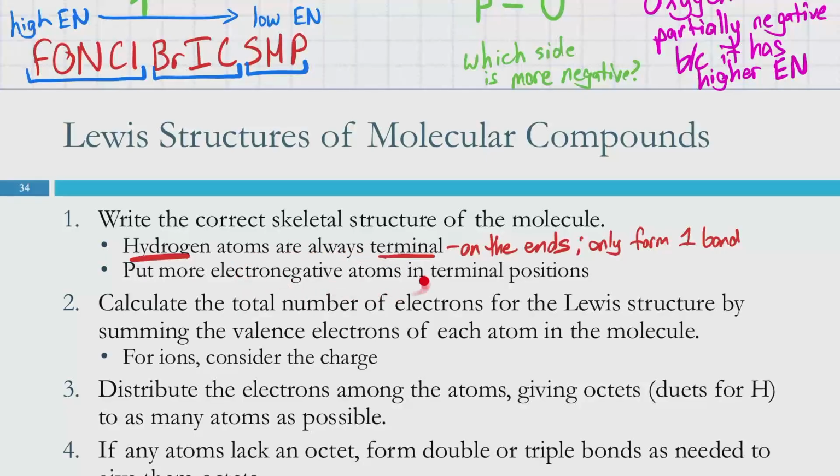We also will tend to put more electronegative atoms in terminal positions. So fluorine, for example, is usually terminal compared to oxygen. Fluorine's got the highest electronegativity value. It likes to have extra electrons on it all to itself. It's going to have fewer bonds and more lone pairs. It's also going to tend to be on the outside.